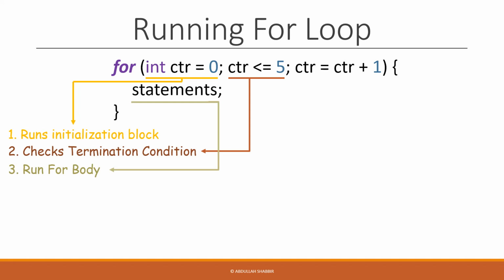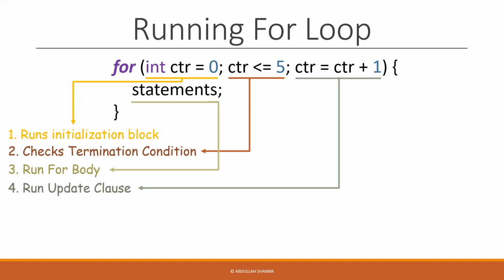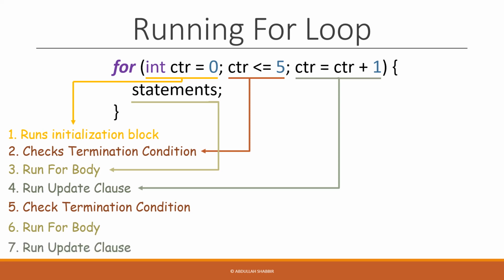Java then runs the update clause, which makes counter 1, as the old value of counter was 0, and if you add 1 to it, it will become 1. Java goes back to checking the condition, and because 1 is less than 5, Java again runs the body of the for loop, and then again it will run the update clause and make the counter variable go from 1 to 2.